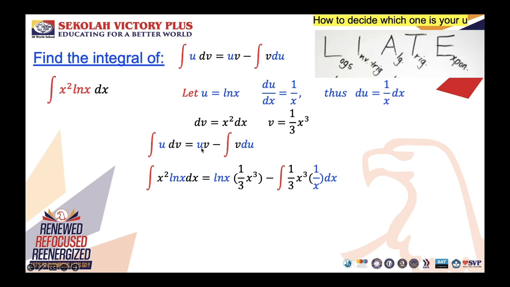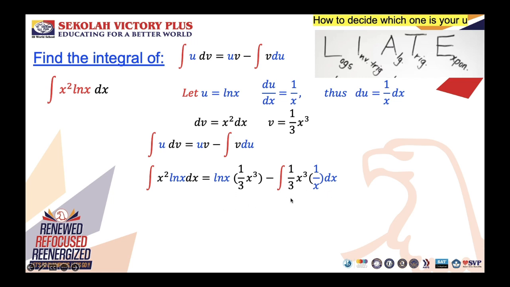So substitute the rest to the remaining functions. Here, this is your u times v, minus the integral of your v times du. Remember, we already have found your du. This is the original given. Therefore, we just simplify this, because the integral of the given is equal to the right-hand side.